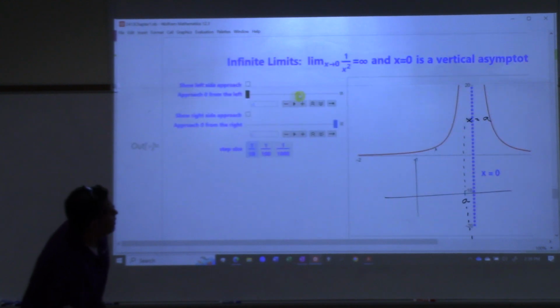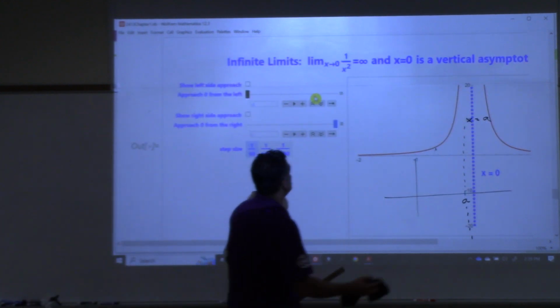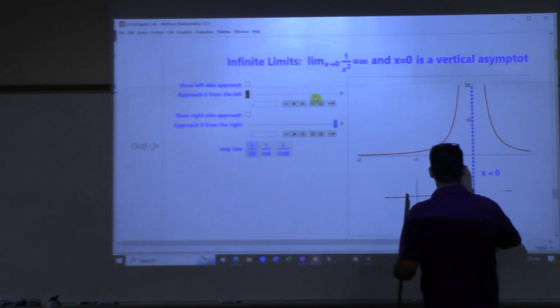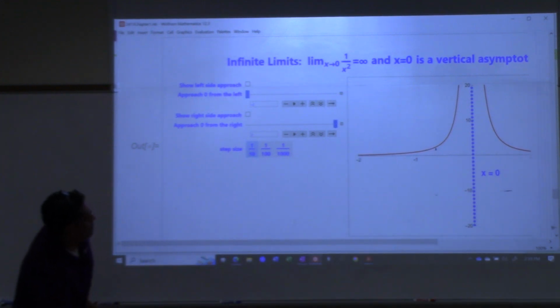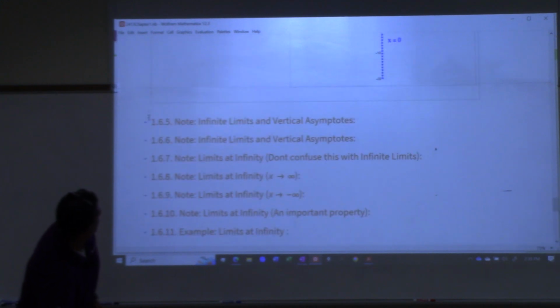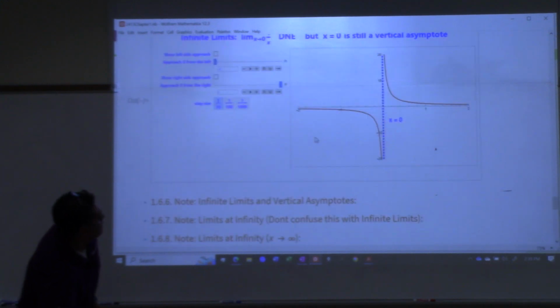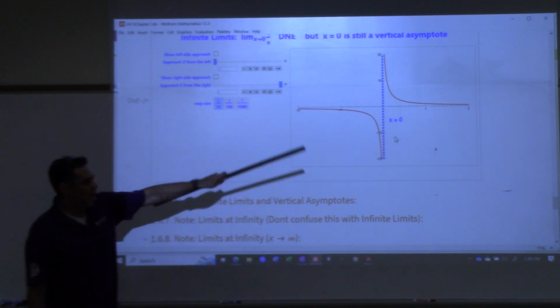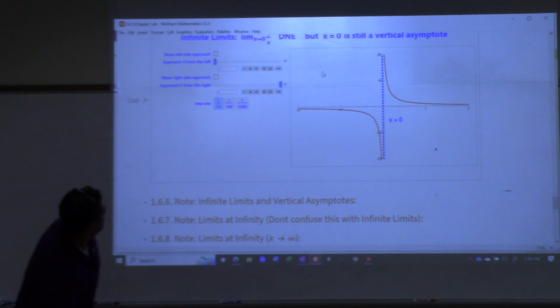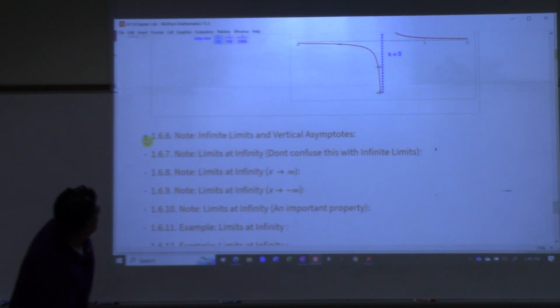All right, so take a look right there. Obviously, that function has a vertical asymptote at 0. You'll agree? It comes in from both sides. Okay, let's look at another one. Obvious, yes? Because from both sides of 0 you're going to infinity or negative infinity.